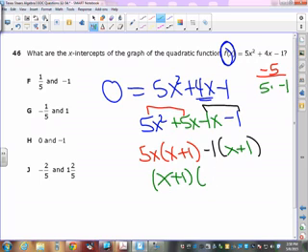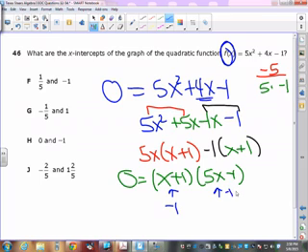X plus 1 is in common. You're left with 5x minus 1 equals 0. By our zero product property, we know to take the opposites. So if x was -1, -1 plus 1 would be 0. If x was +1/5, okay, then 5 times +1/5 is 1. Take away 1 would be 0. That would give our answer. So our answer is -1 and +1/5.